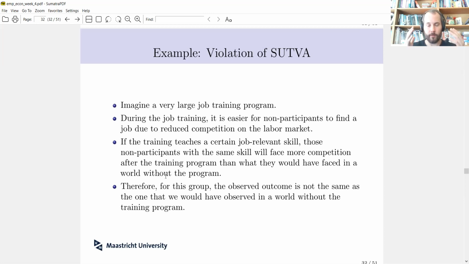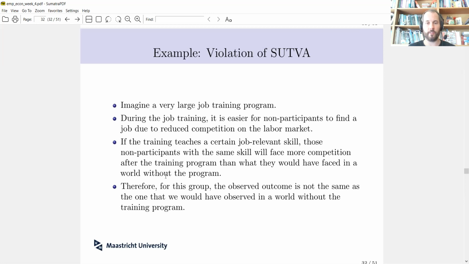We cannot observe the potential outcome of the non-participants in a world where the job training does not exist. We can never observe that, because the job training itself has an impact on these people's outcomes. Okay, an easy example, actually: when I want to run an experiment, say I give a randomized subgroup of you the solutions to the exercises, and I want to see the effect on the learning outcomes.